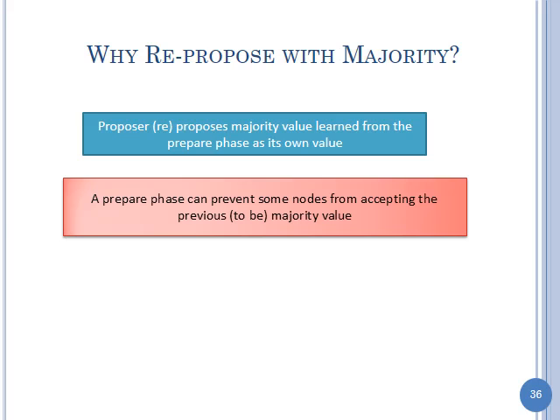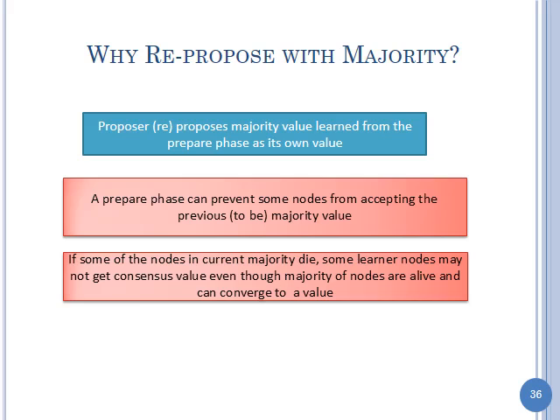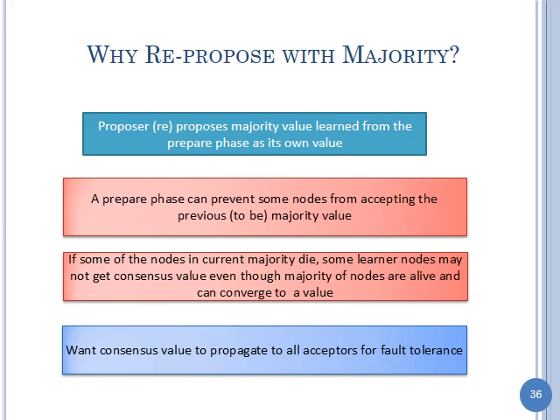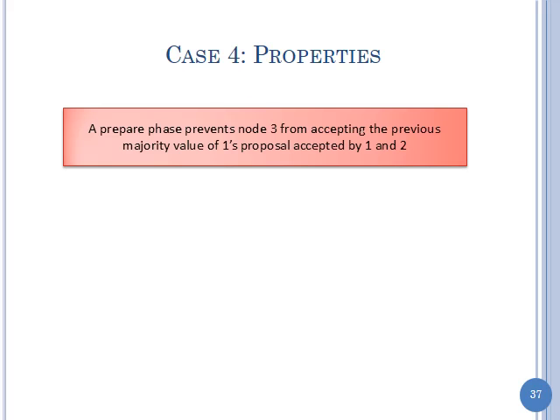And because the prepare phase was executed by the higher proposal, it locks out certain nodes from accepting the new value. And if some of the nodes in the current majority die, then some learner nodes may not get the consensus value, even though a majority of nodes are alive and can converge to a value. And so we want the consensus value to propagate to all acceptors for fault tolerance. So we'll try to derive this case.